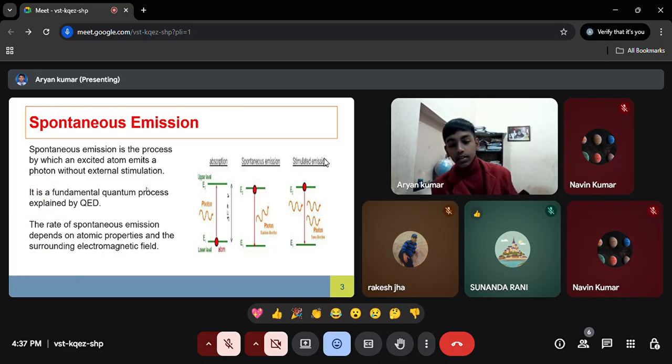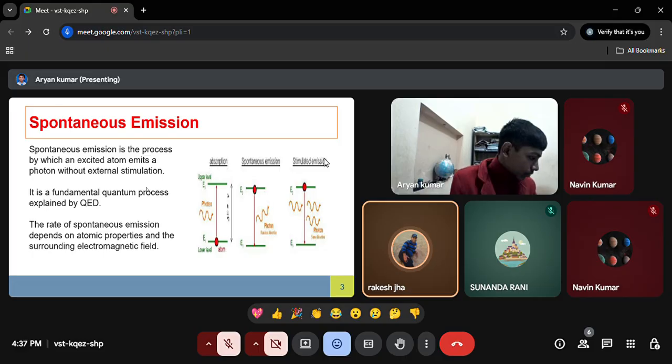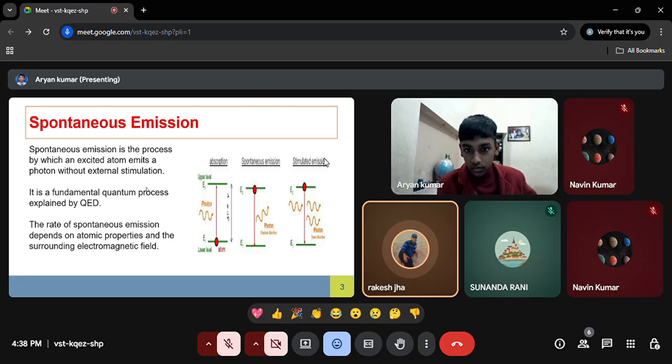Okay. So when the photon is getting absorbed, it is at a certain frequency, and when the photon is getting emitted, it is at a certain frequency. So do you know what this means? Aryan, I think so. When a photon is absorbed, an electron jumps to a higher energy level, and the photon's energy must exactly match the energy difference between levels.